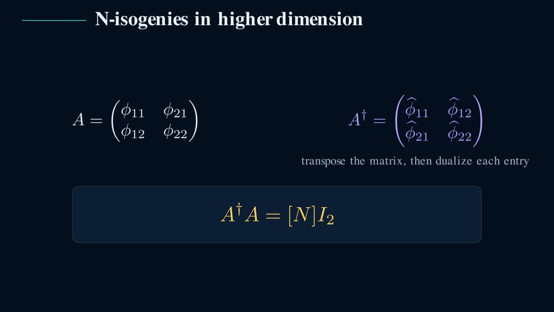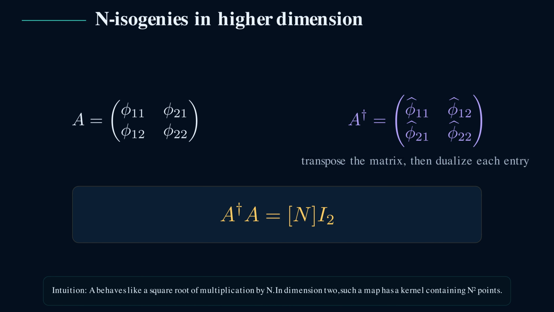We call A an n-isogeny when A dagger times A equals multiplication by n on each source coordinate. The intuitive version is that it behaves like a square root of multiplication by n. In dimension 2, an n-isogeny has degree n squared, so its kernel has n squared points.